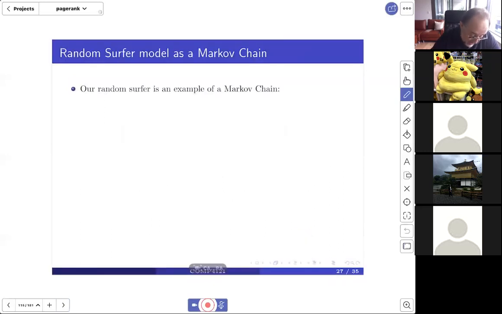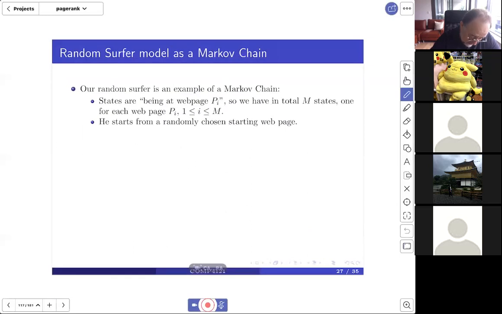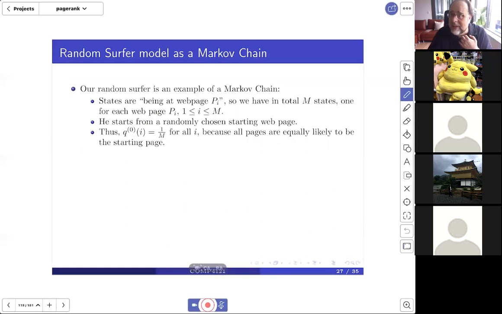Now, our random surfer is an example of a Markov chain. States are web pages. He starts from a randomly chosen web page, so the initial probability distribution is 1 over m.